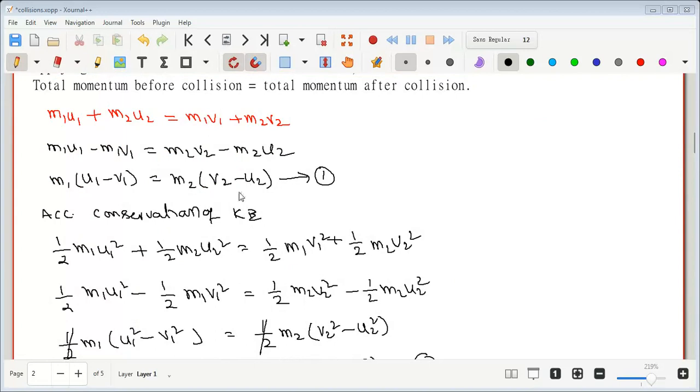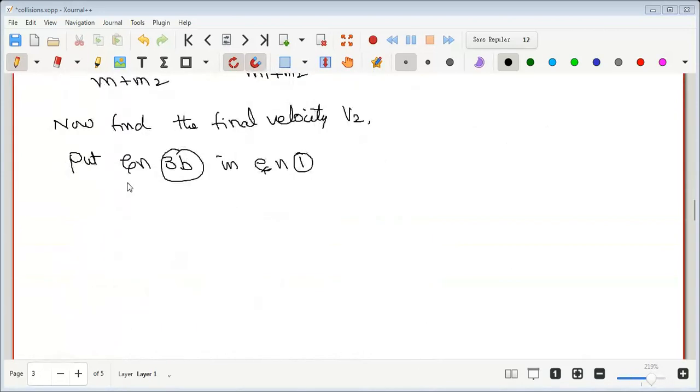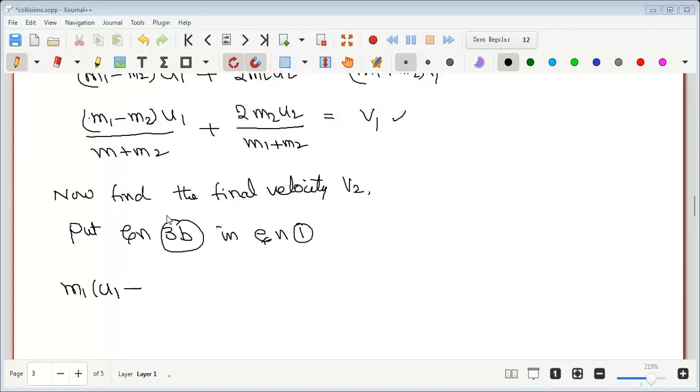This is equation 1. We have to replace this minus v1 with equation 3b. So m1 u1, here there is a minus v1.